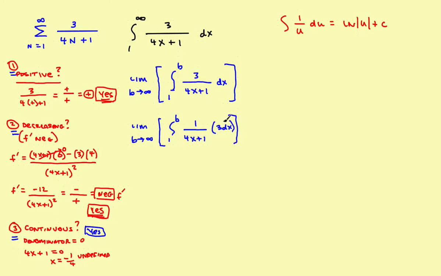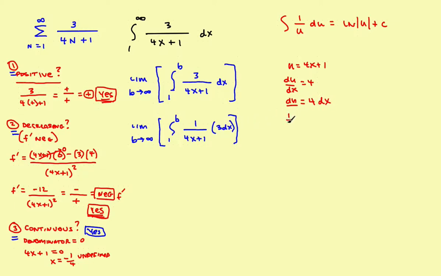So I want to do use substitution to solve this. And a reminder what the use substitution would be like. If I let u be equal to 4x plus 1, and then take du dx, and this is just plain old use substitution, that's going to be equal to 4. Therefore, du would be equal to 4 dx. Now again, I've got a 3 dx, so I'll take the 4 and bring it over.